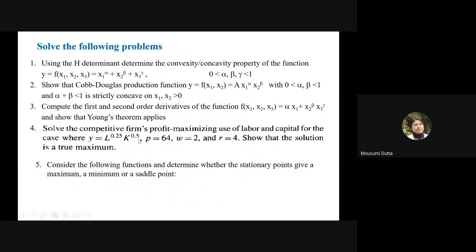This equation: solve the competitive firm's profit maximizing use of labor and capital for the case y is equal to this, p is equal to this, w is 2, r is 4, etc. So here output is a function of labor and capital, isn't it? Yes, ma'am.